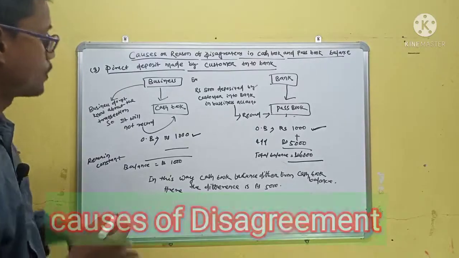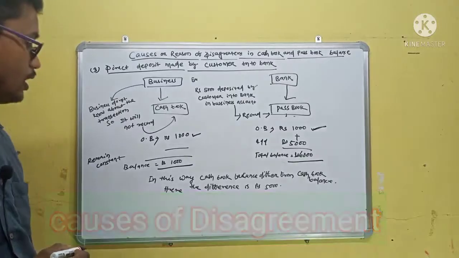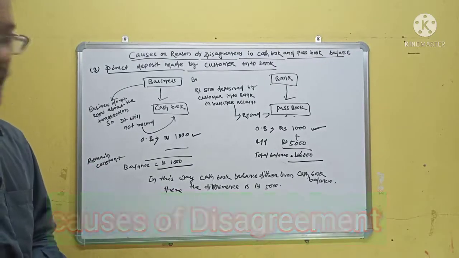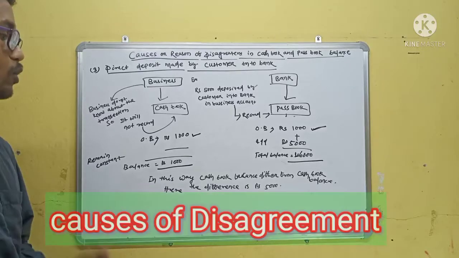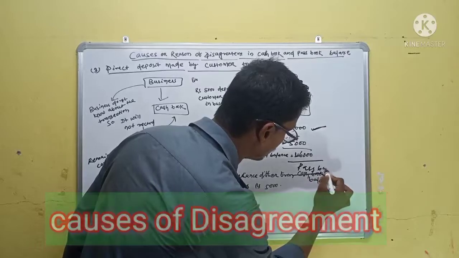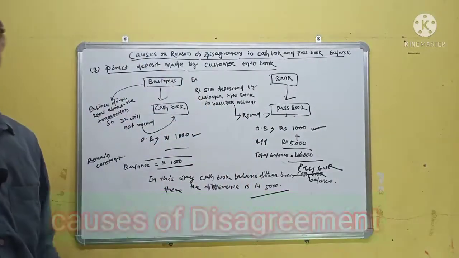So the balance of the cash book remains constant at rupees 1000. In this way, the cash book balance differs from the passbook balance. Here the difference is rupees 5000.